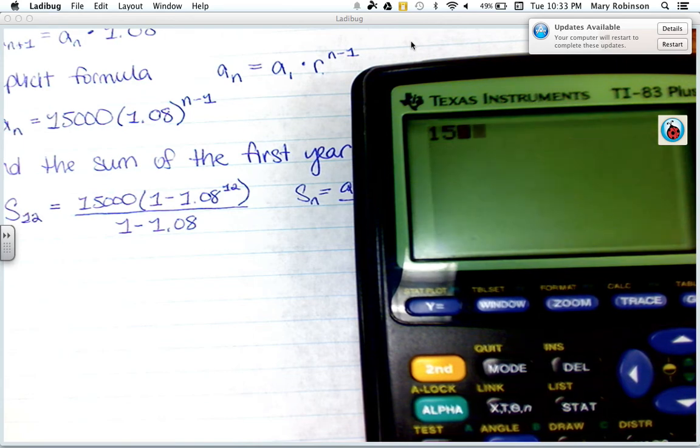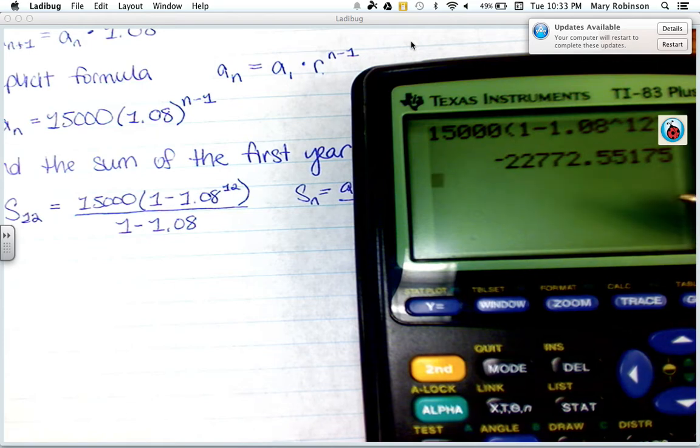So 15,000 times 1 minus 1.08 raised to the 12th power. We're going to close the parentheses. So this is our numerator, and we're going to divide by 1 minus 1.08.